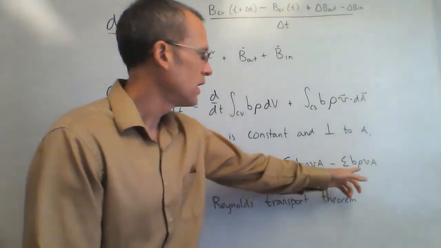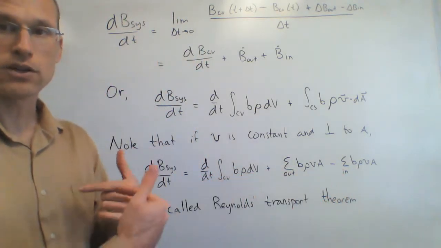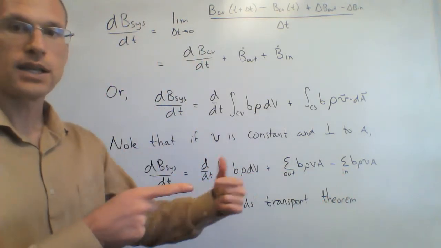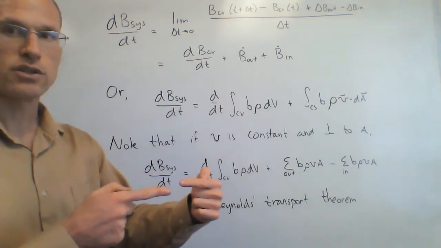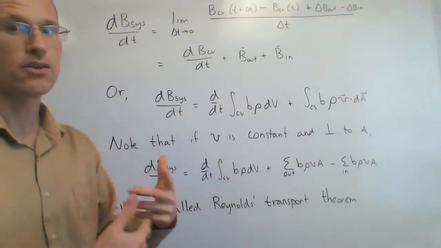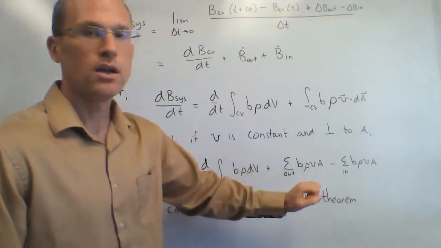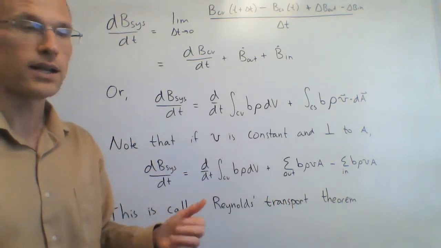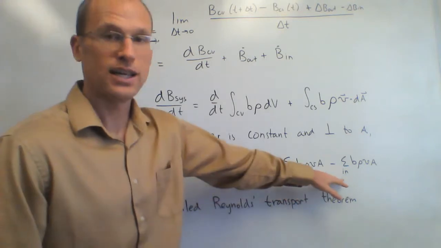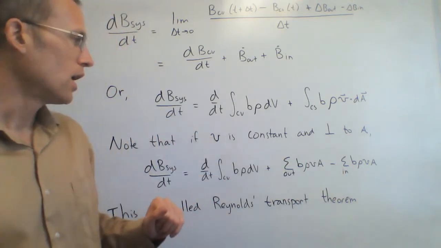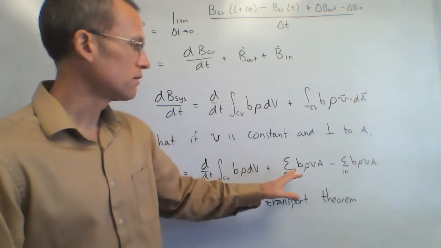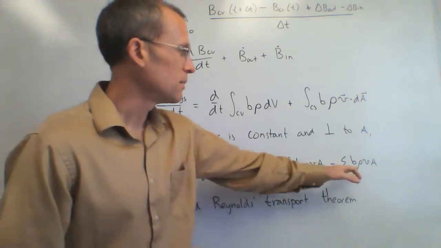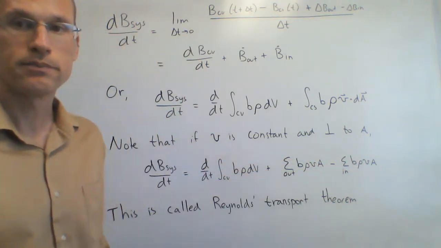Anytime I have fluid coming into my control surface, my velocity and area are in opposite directions, and cosine of 180 degrees gives me a minus sign. So whichever way you want to think of it, whether it's cosine of 0 or 180, or out is positive, in is negative, either way, you just have b rho vA out, all positive, and b rho vA going in, all negative.